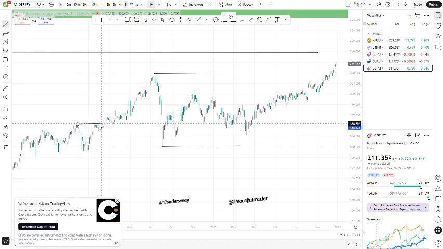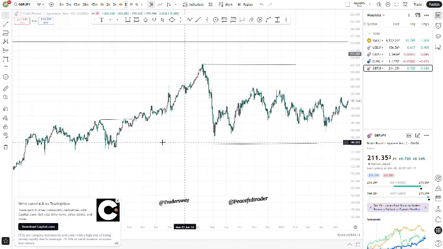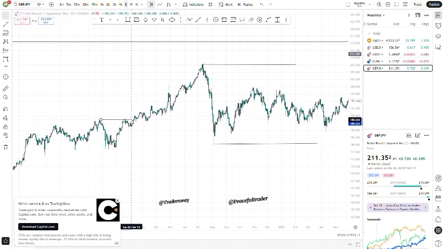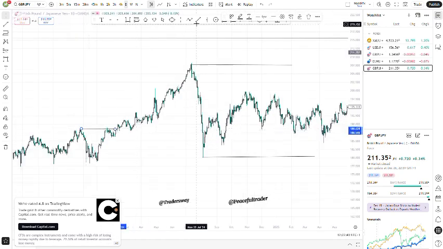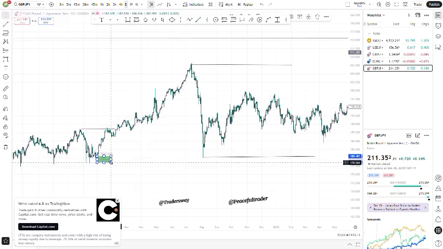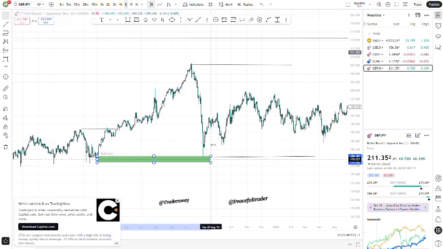You can see here was a break of structure. I'm analyzing this thing for the month. Here was a break of structure, and something caused that break of structure, which was my demand zone from the higher time frame.